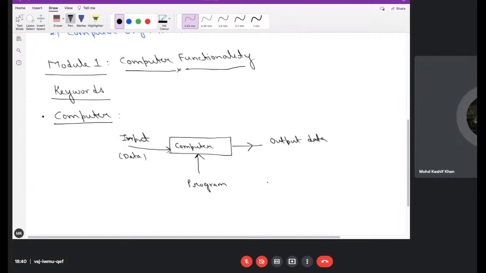It is a computational machine used to process the data under the control of a program.